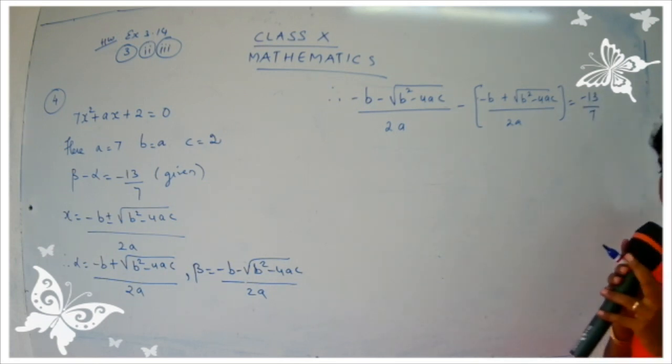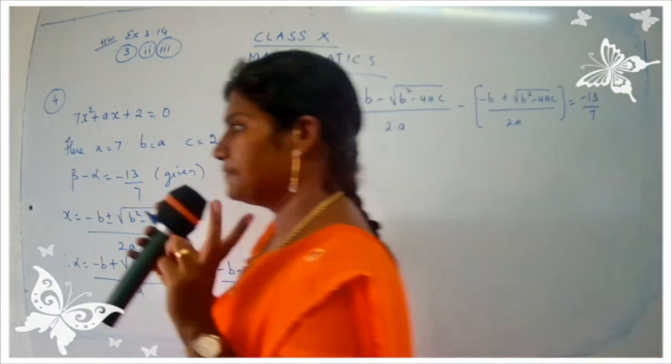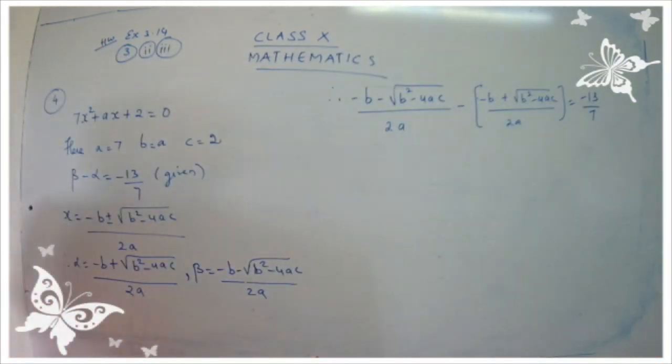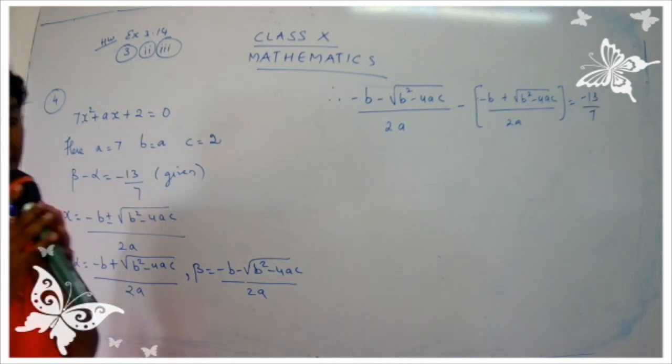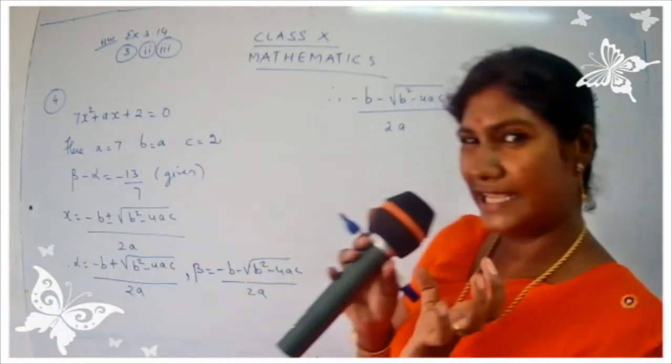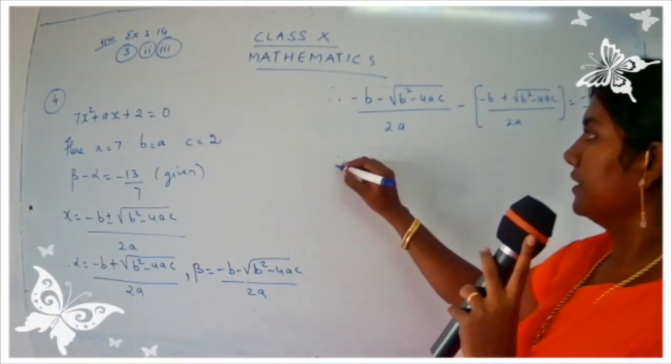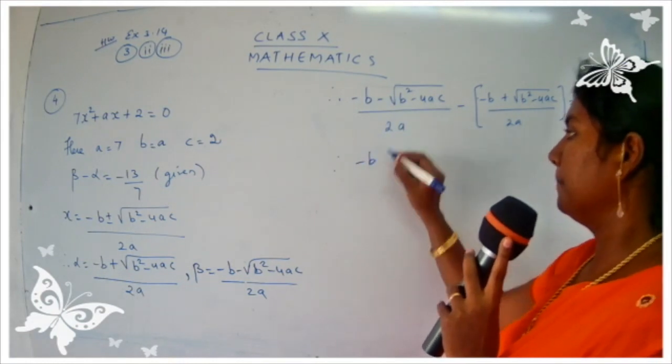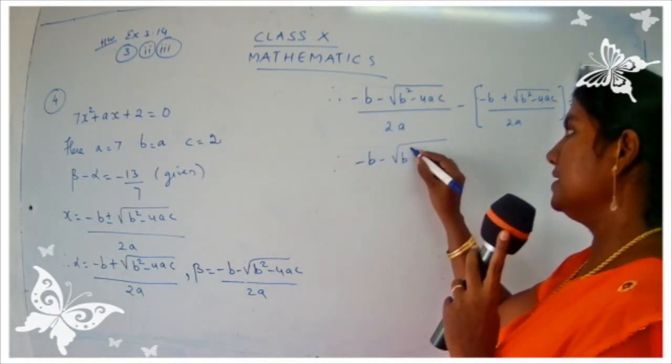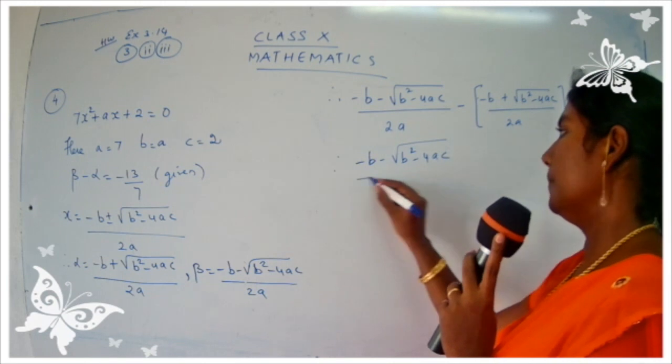I have told you to listen to the steps carefully and you are going to observe the sums carefully. Okay, now let's proceed with the sums. I'll open the bracket first and later I'll substitute the value children so that it will be easy for us. So what I'm going to do here is minus b minus square root of b square minus 4ac upon 2a.